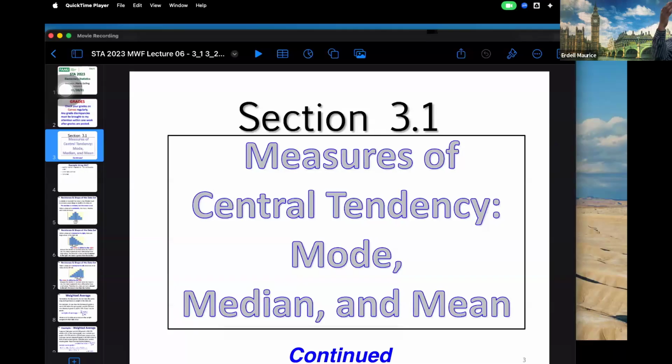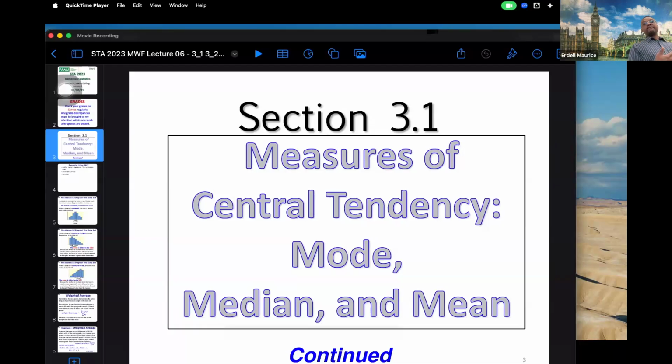So if I have 8 numbers, what's 8 divided by 2? The fourth number is one of those 2 numbers I need to take the average of. The fourth and the fifth number, take the average of those 2 numbers to find the median. All right? Questions there?